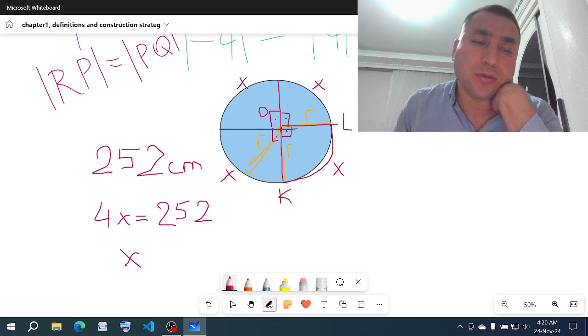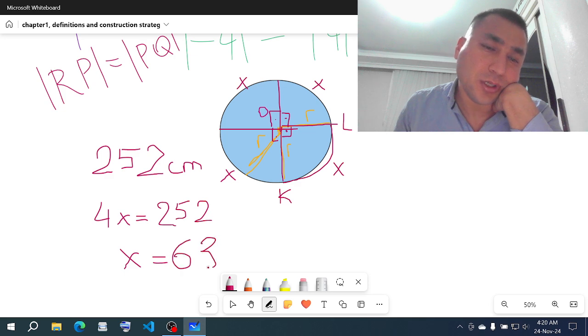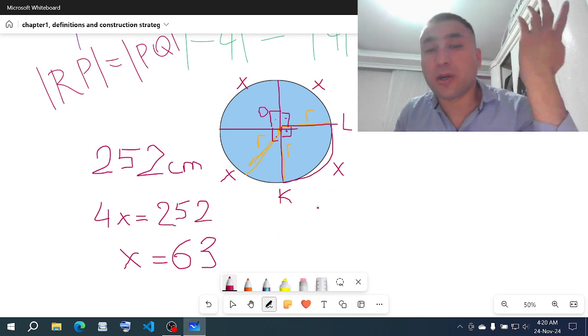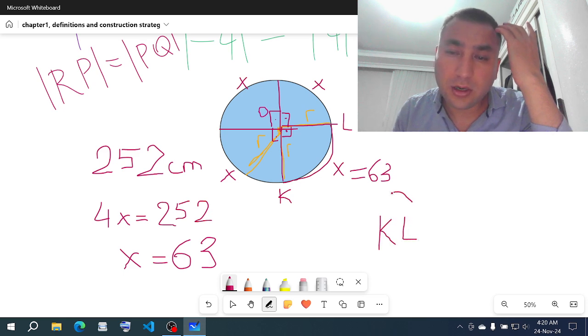What's 1/4 of 252? 200 is 50, 52 is 13, so 63. Am I correct? I hope I am correct. So x is 63, or you can say arc KL. It's not a line. Arc KL equals 63 centimeters.